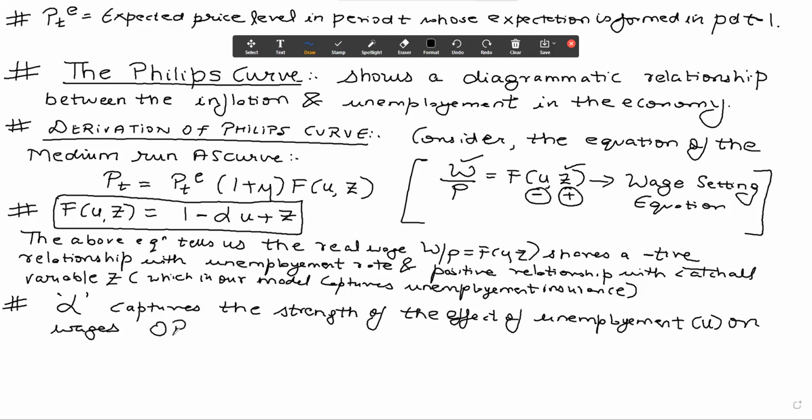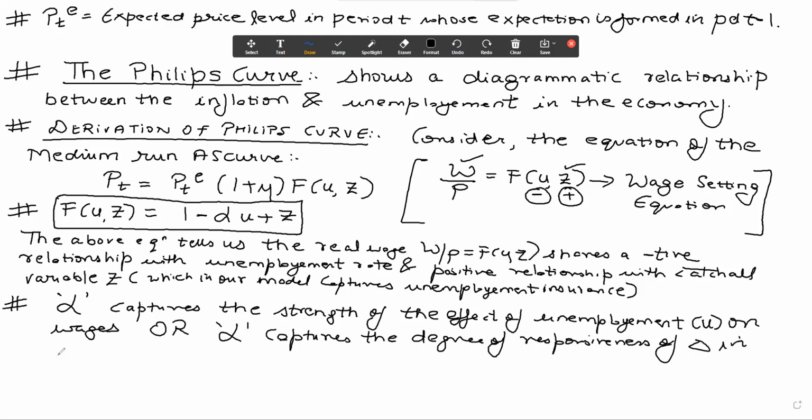Or I can say that alpha captures the degree of responsiveness of the change in nominal wages with respect to the change in the unemployment rate.